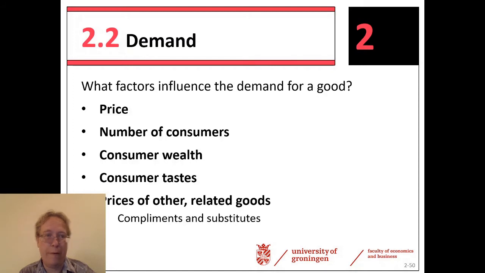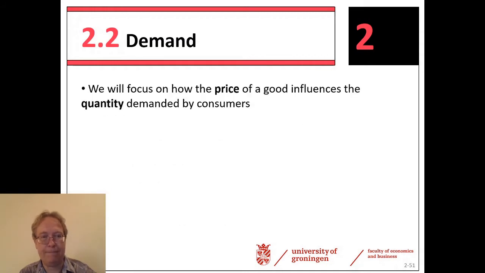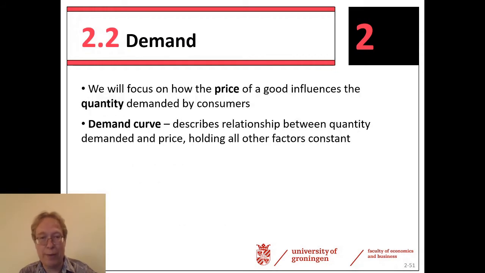And for a given number of consumers, given consumer wealth, given consumer taste, given prices of other goods, ceteris paribus as we call it, we're going to draw a demand function for a product as a function of its price. So that's going to be my demand curve.